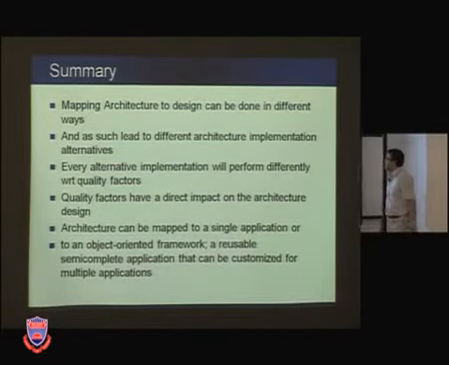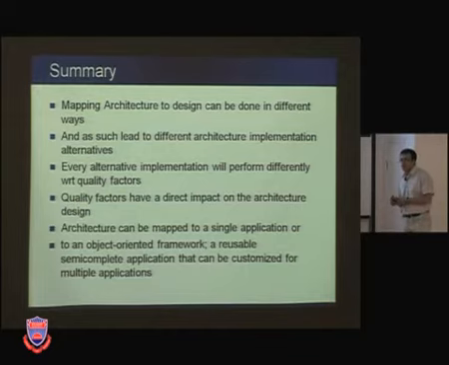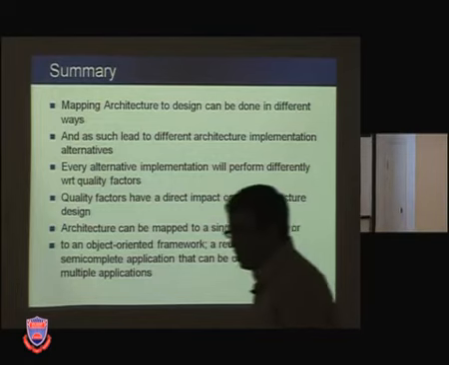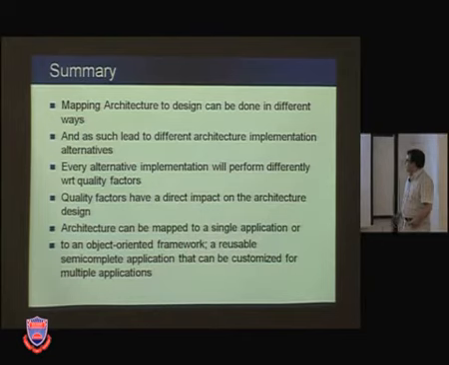Well, a short summary. Mapping architecture to design can be done in different ways, and as such leads to different architecture implementation alternatives. Quality actually shapes the architecture, so every alternative implementation will perform differently with respect to quality factors. As an architect, you have to know both the quality and also the techniques to define these alternatives.